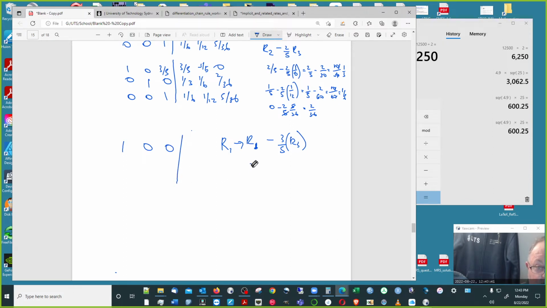3/5 minus 3/5 of 1/6 is going to be 3/5 minus 3 on 30. It's going to be 6, so 6 3s are 18. 18 minus 3 is 15 on 30, which is a half.